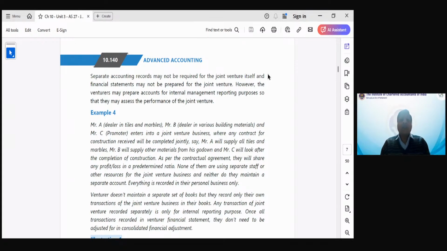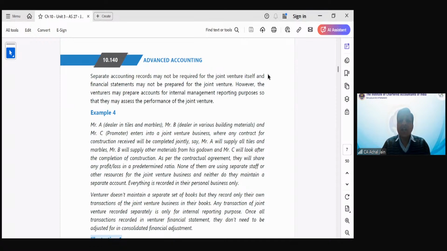Now, when they enter into a JV business, any contract for construction received will be completed jointly. Say Mr. A will supply all tiles and marbles. Mr. B will supply other material from his godown. Mr. C will look after the completion of construction.